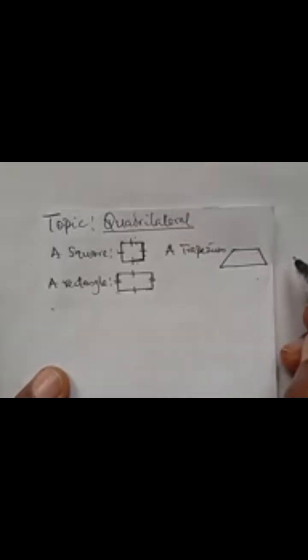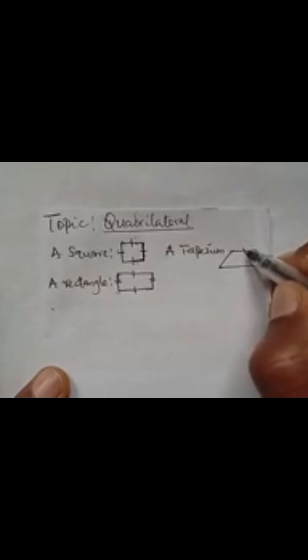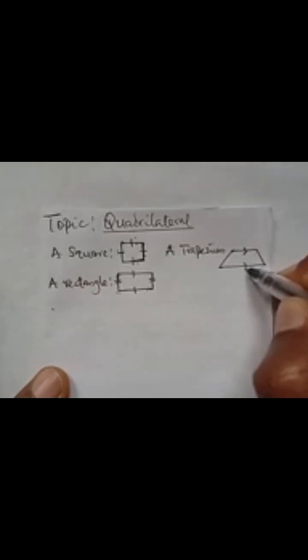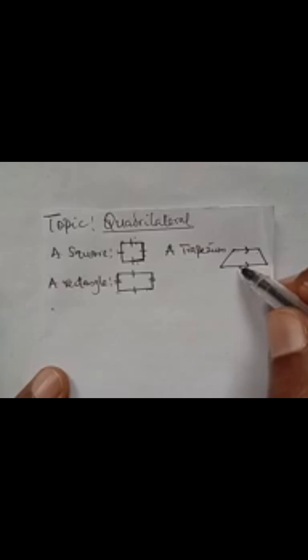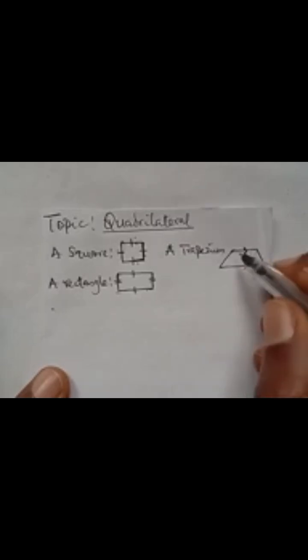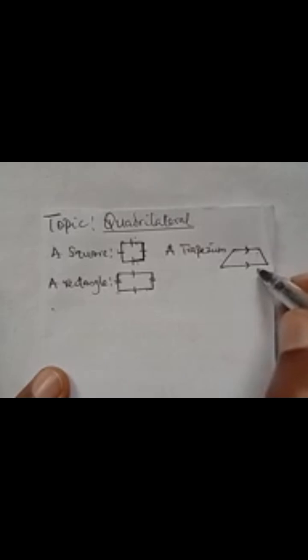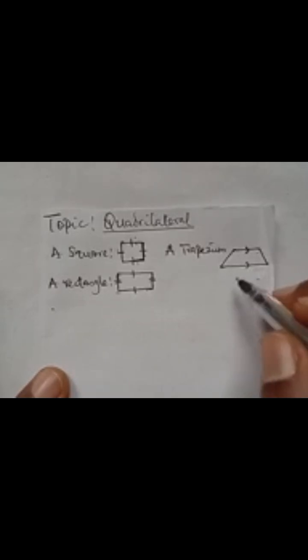One thing is noteworthy here: here and here are parallel to each other. Here and here are parallel to each other. Parallel means they are going in the same direction. That means here and here are parallel to each other. That is for the trapezium.